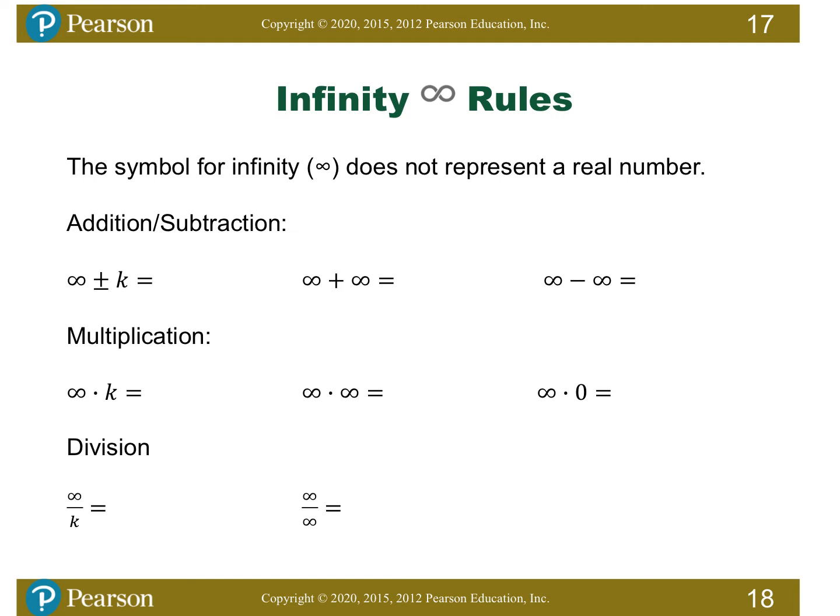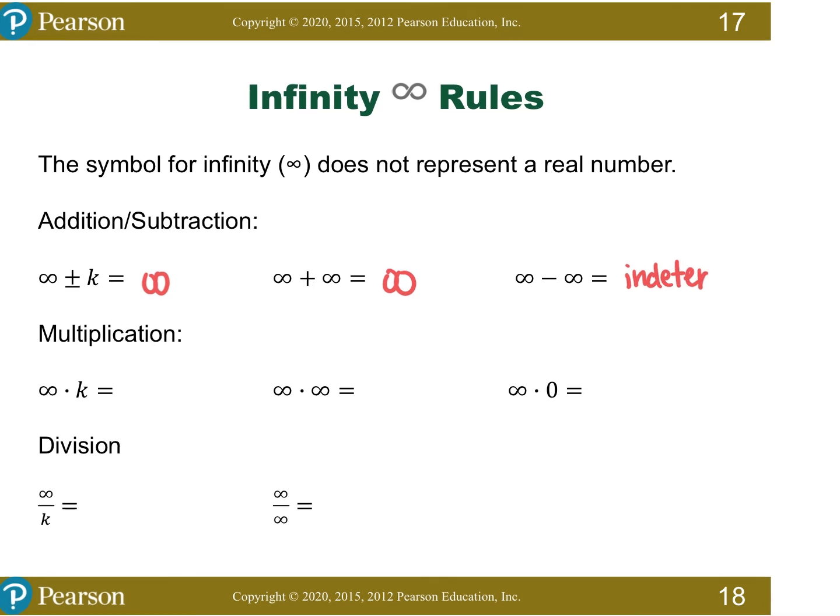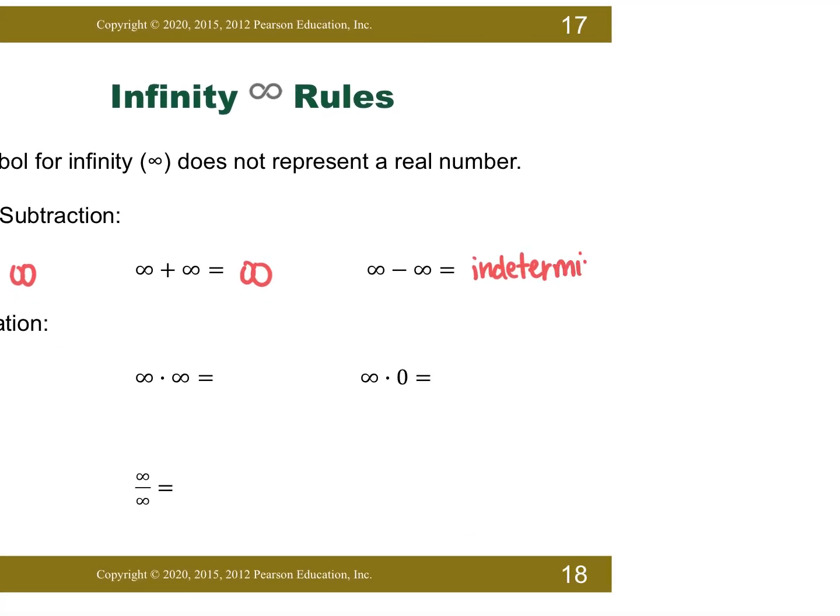All right, if you start with infinity and you add or subtract any number to it, what do you end up with? Infinity, very good. What if you start with infinity and you add infinity to it? What do you get? Infinity. What if you start with infinity and you subtract infinity from it? What do you have left? No. It's this new word that you learned, indeterminate.